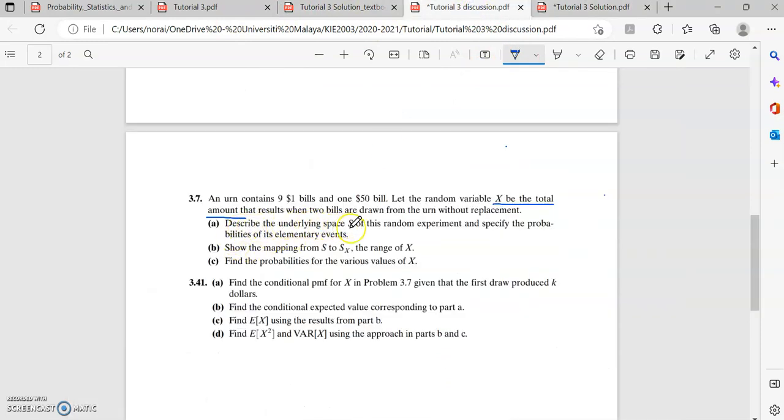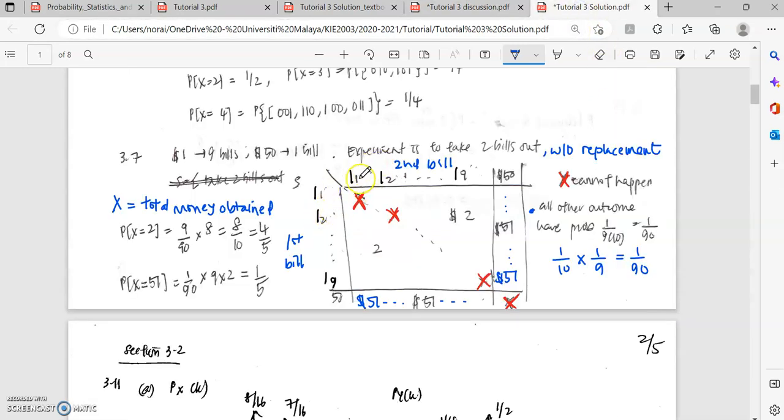The question is asking to describe the underlying sample space S and specify the probabilities of its elementary events. The outcomes will be 1_1 1_2, something like this. So your S is 1_1 1_2, 1_1 1_3, and finally 50 1_9, for example.